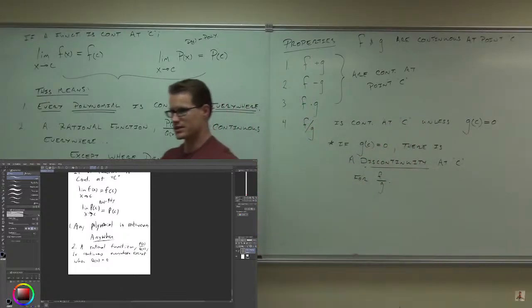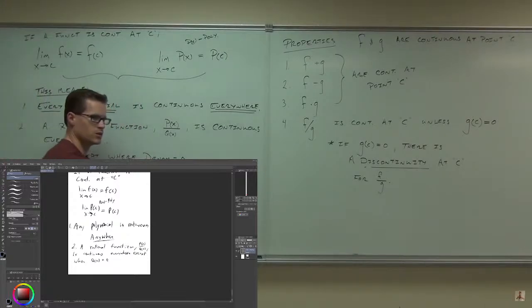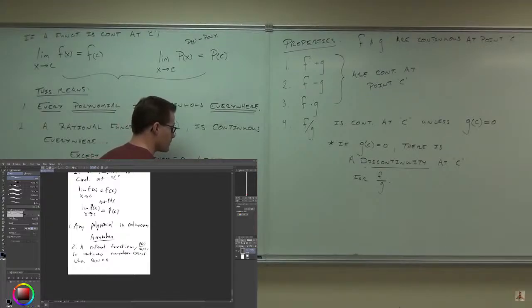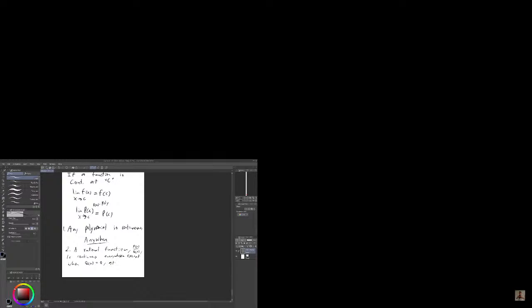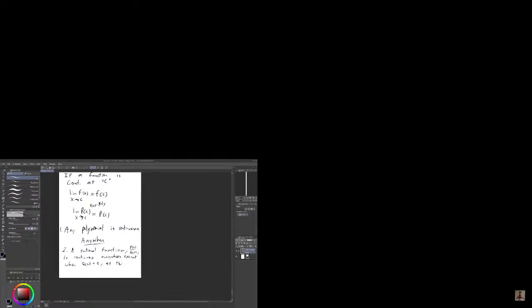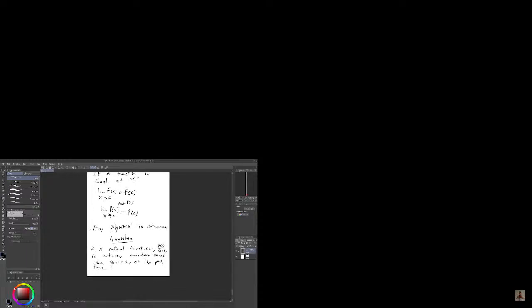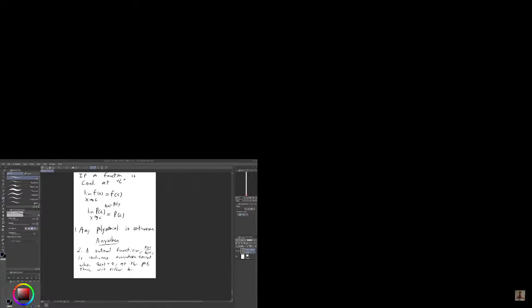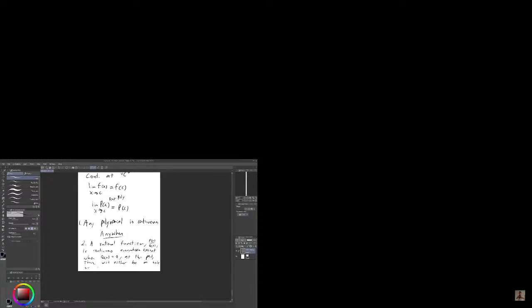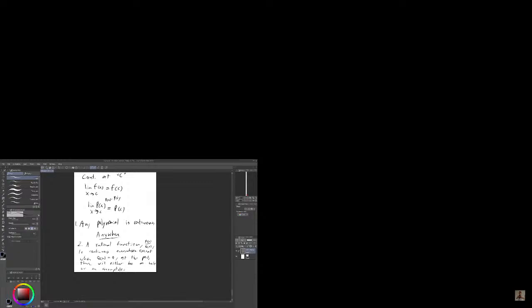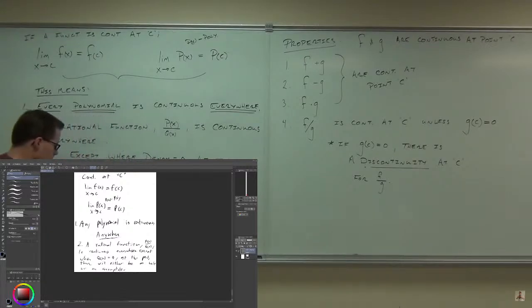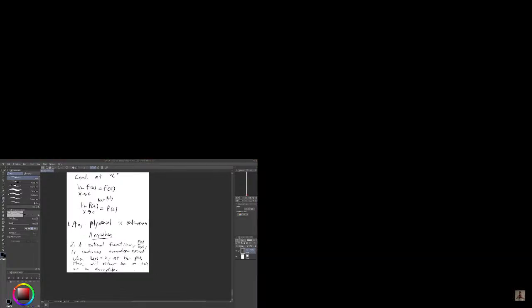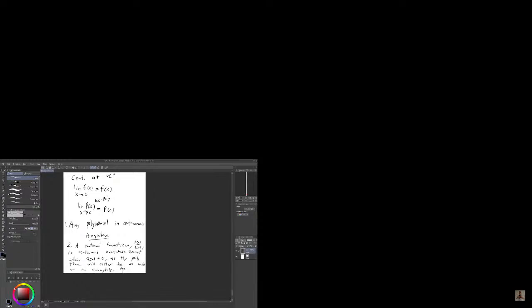And that's all I'm saying here, is except where the denominator equals 0, at that point, you will have a discontinuity, either a hole or an asymptote. That's typically, 95% of the time, what happens with holes and asymptotes.